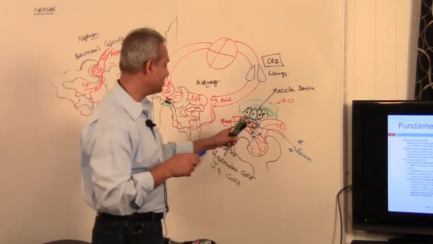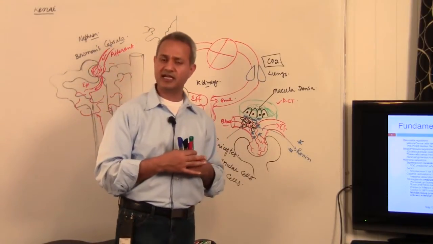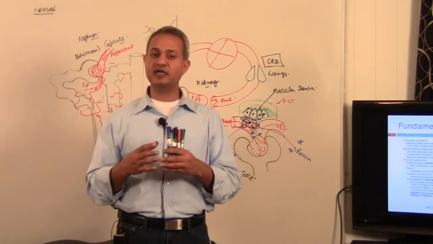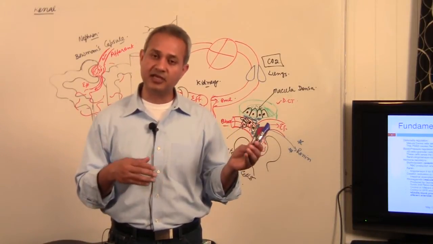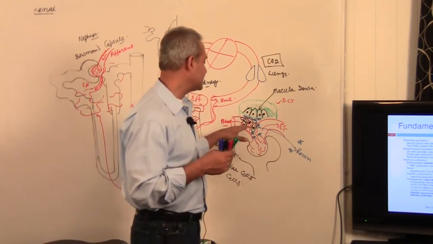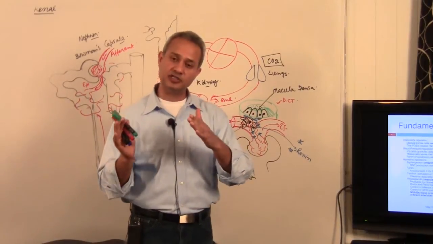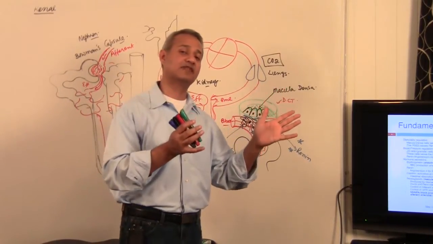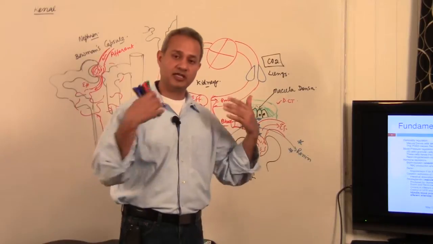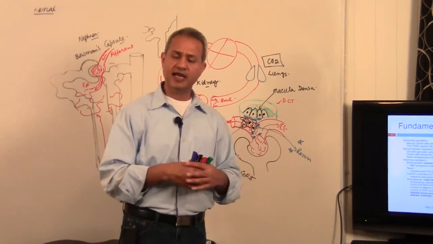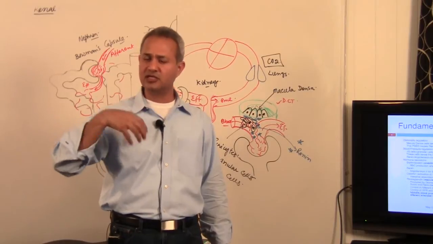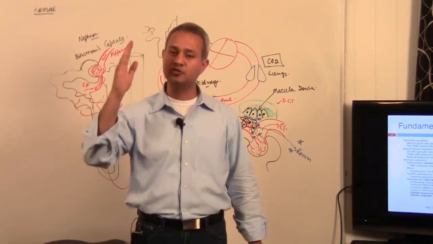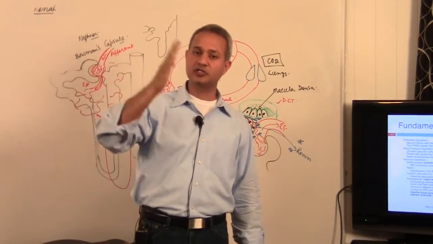Renin is released by these cells, and I hope you understand what happens: liver makes angiotensinogen, which is a precursor for angiotensin. Renin is the enzyme which would come in and convert angiotensinogen to angiotensin 1. Angiotensin 1 then circulates in the body, and in the past we used to think that only the lungs, or some cells in the endothelium of the lungs, were responsible to convert angiotensin 1 to angiotensin 2.